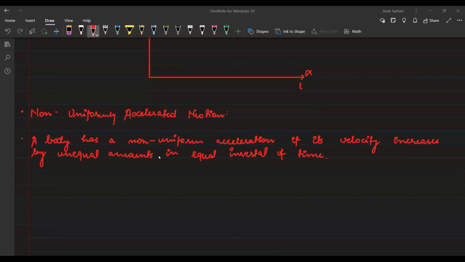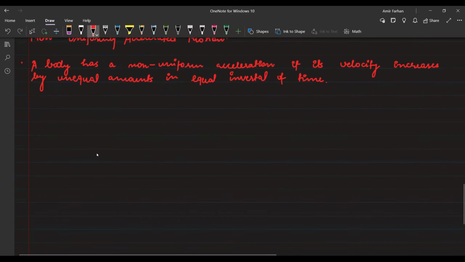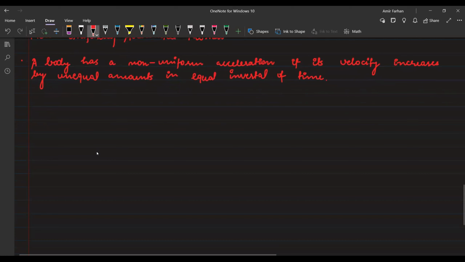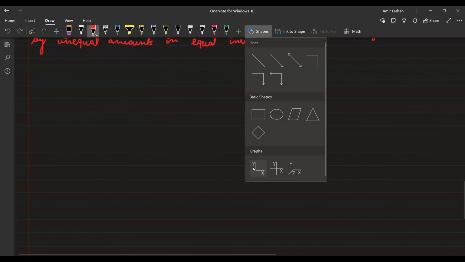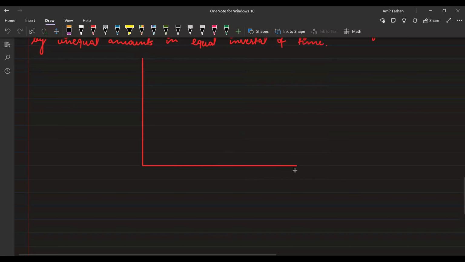ठीक है, सो ये नॉन यूनिफॉर्मली एक्सेलरेटेड मोशन, क्लियर बच्चों? So if I draw the velocity time graph, it means that velocity is changing by unequal amount.